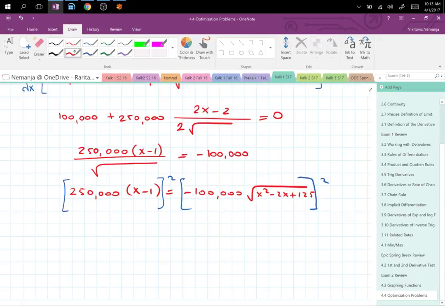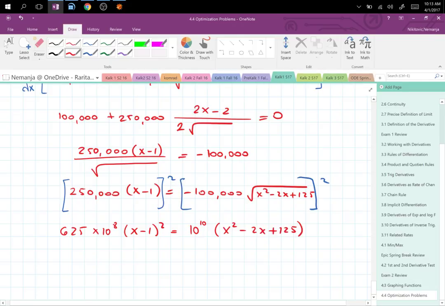When I square, 25 squared is 625, and then we double up zeros, so now there's going to be 8 zeros, times 10 to the 8, x minus 1 squared, equals this, with 5 zeros, so 10 to the 10. The negative becomes a positive, and the square root dies, so it's x squared minus 2x plus 125.